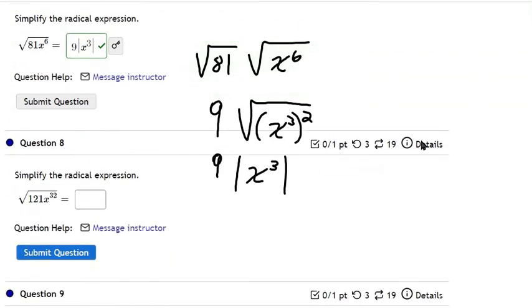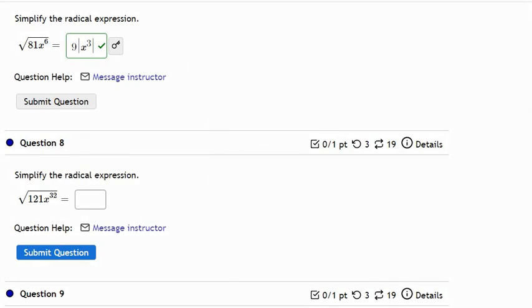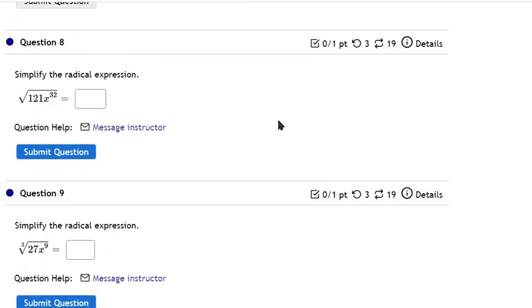For the next one, we have number 8, the square root of 121x to the 32nd. Once again, this is an even index. Still going to split it up into the square root of 121 times the square root of x to the 32nd power.